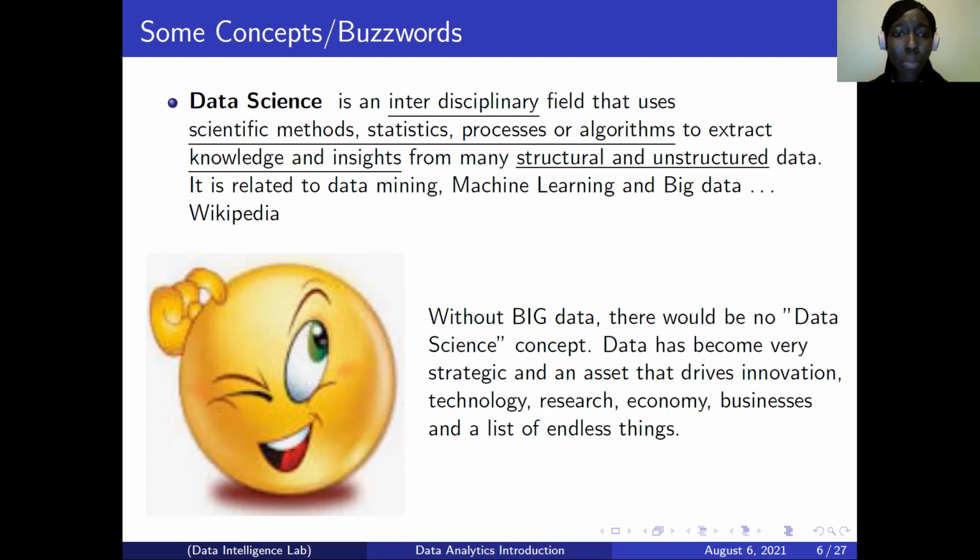People are trying to make sense, make meaning of the data being generated for various uses. Data science is premised on big data. There would have been no data science if there were no big data.